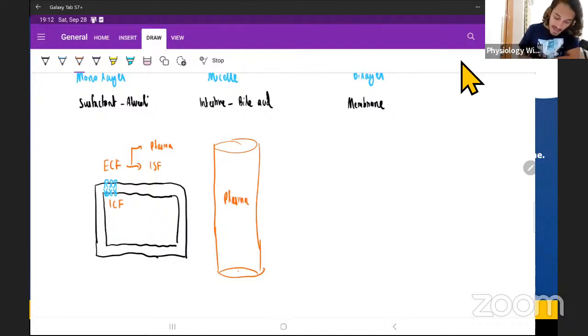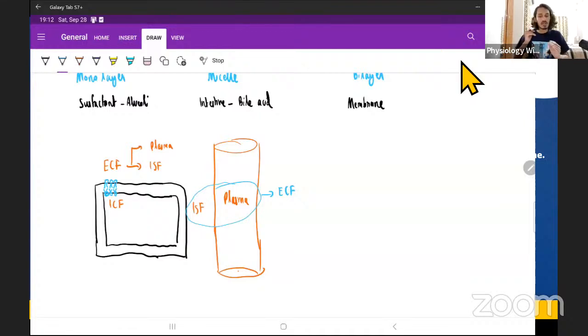Between the plasma and the cell, this small space is where interstitial fluid is there. These both together is what makes up your extracellular fluid. And then, of course, you have the intracellular fluid. So this is a way of compartmentalization.